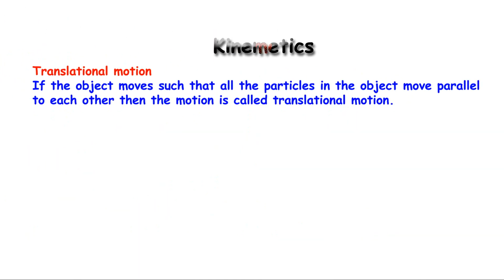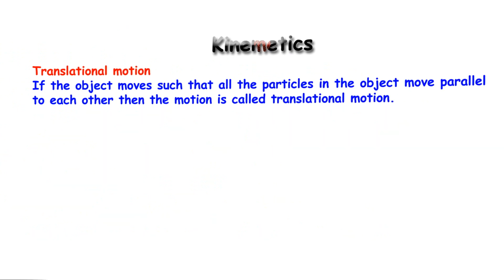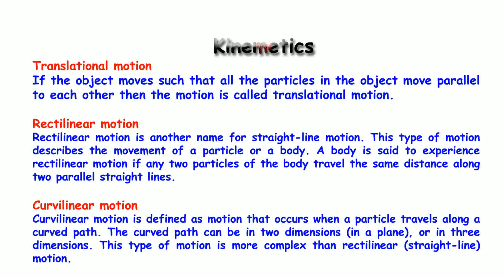If we try to describe the translational motion, then all the particles of an object move parallel to each other and they may follow a straight path or a bent path. Now, if we classify the translational motion, we will find two major parts, one rectilinear motion and number two curvilinear motion.